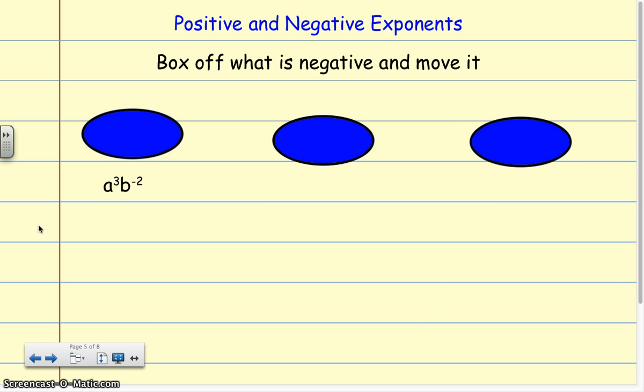So I look here and I have a cubed times b to the negative 2. The only thing with the negative exponent is that b. That's the only thing I'm going to move. So now I want this to go on the bottom. There's no bottom, but we just create one. This turns into a cubed over b squared.